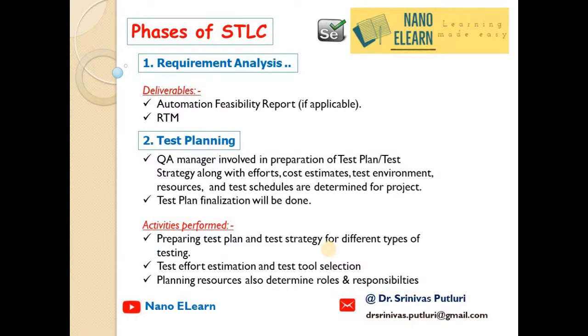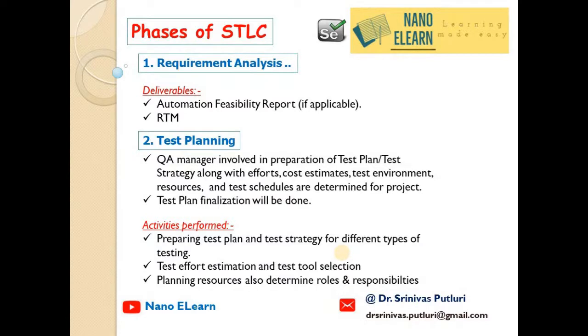Here, the QA manager will be involved in preparation of test plan and test strategy documents along with efforts, cost estimates, test environment, the resources required, and also the test schedules that are determined for the project. Also, the test plan finalization will be done in this phase.